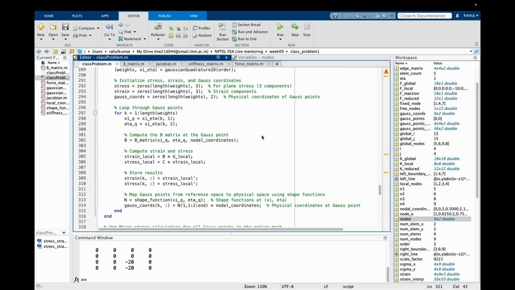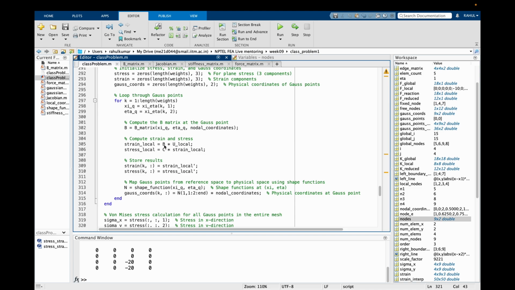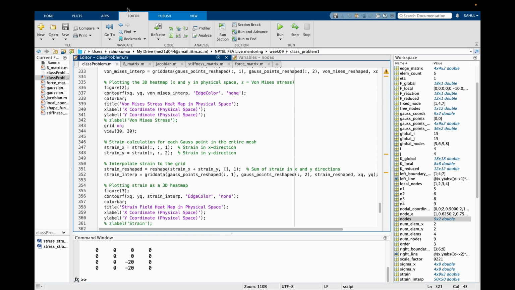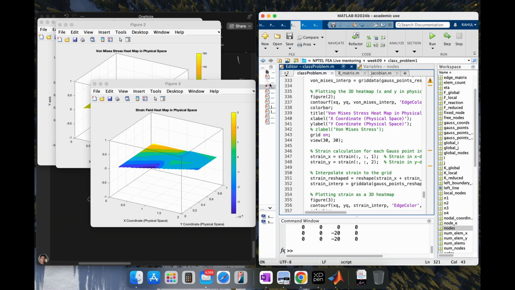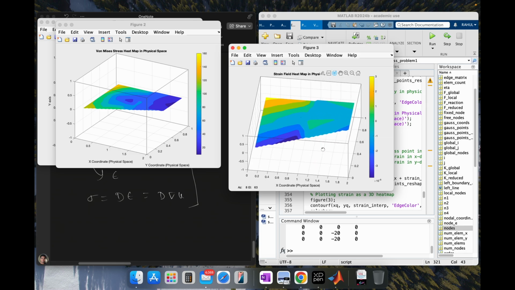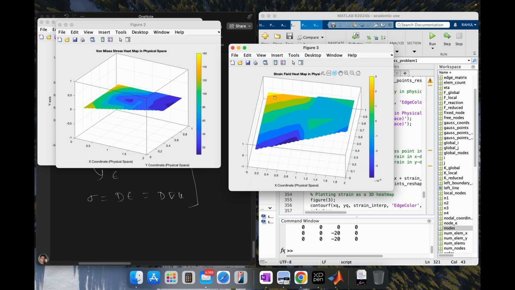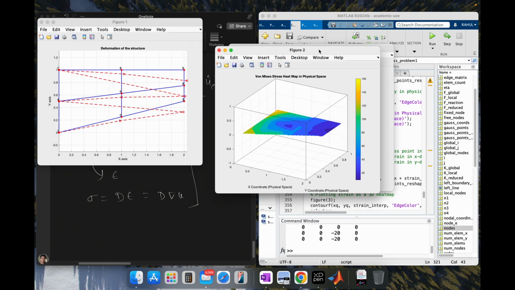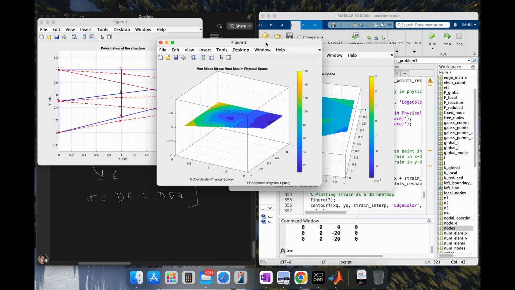Here you can also see that strain is B times u local, whatever you got, and stress local is C times strain local. Based on this we found that. Here is the strain field heat map. You can see that this part has the maximum deformation and this part has the lowest deformation, because it is fixed at the end.